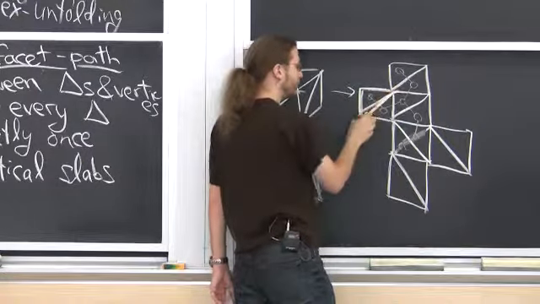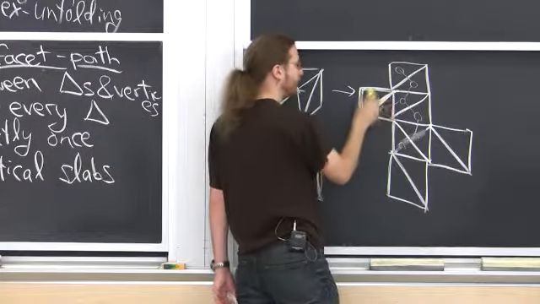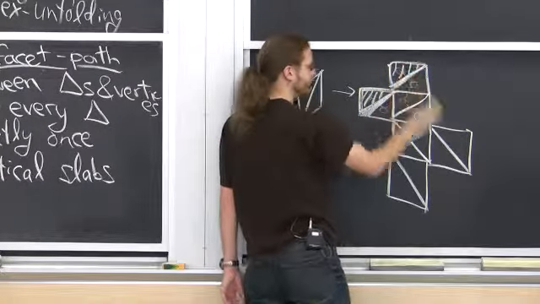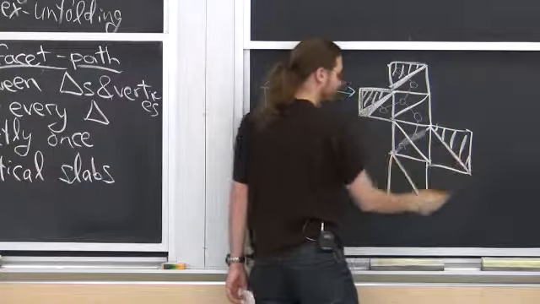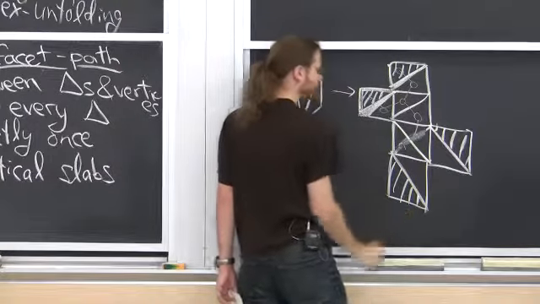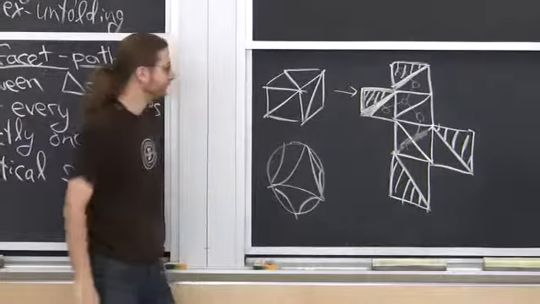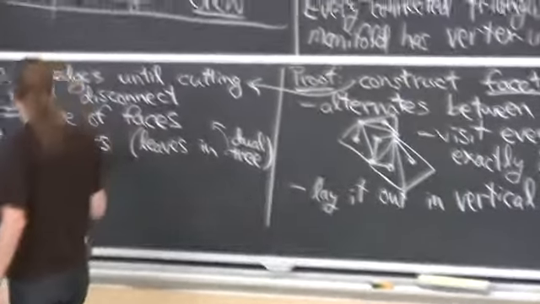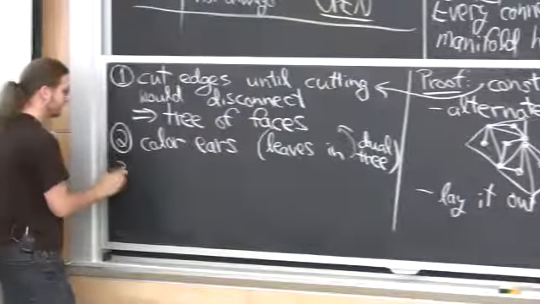But in the original thing, we think of this triangle as being an ear, and this triangle is an ear, and this triangle is an ear, and this triangle is an ear. I like ears because they're kind of on the boundary, on the surface. So they're just triangles that are adjacent to only one other triangle.